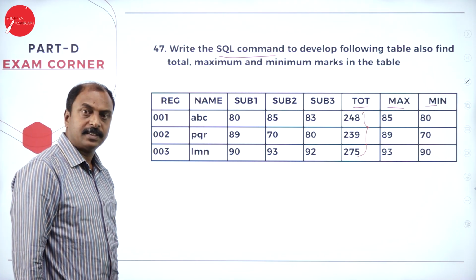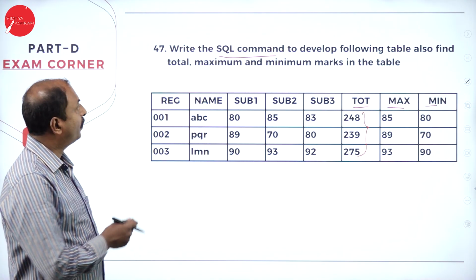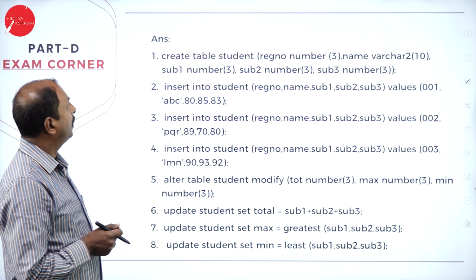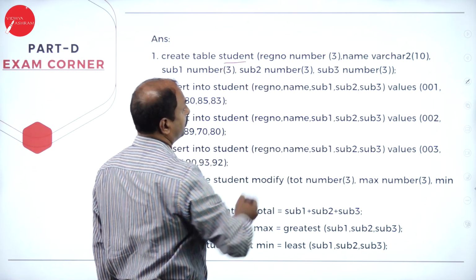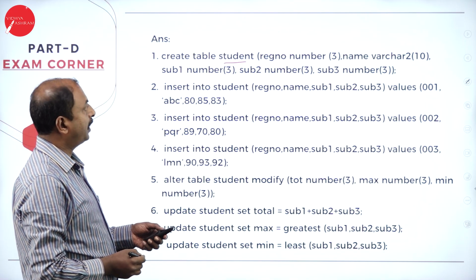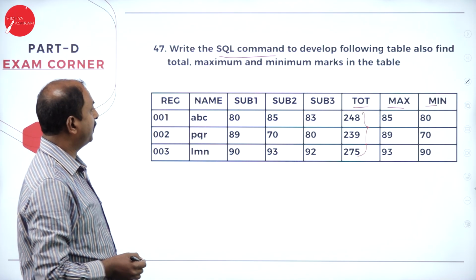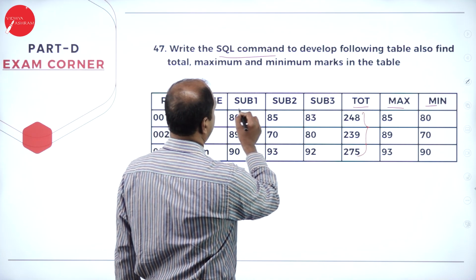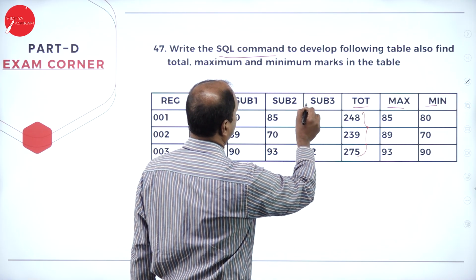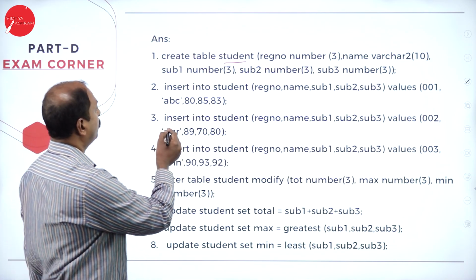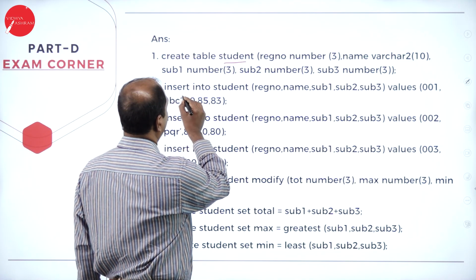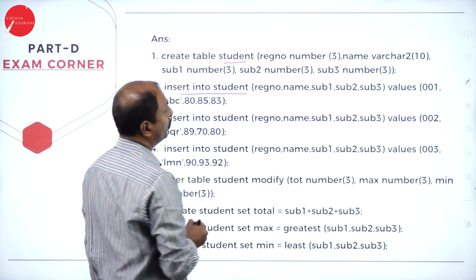Now let us write the SQL query for this question. Here, first one is create table student, the syntax of this. So here we are creating register number, name, subject 1, subject 2, subject 3 columns. Now the second query is inserting values.